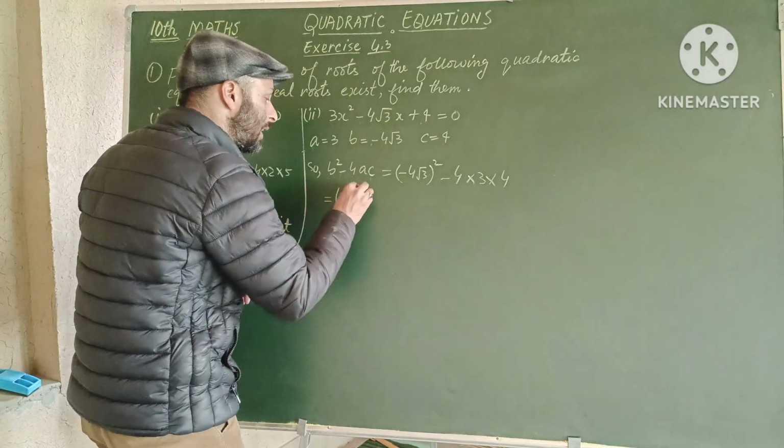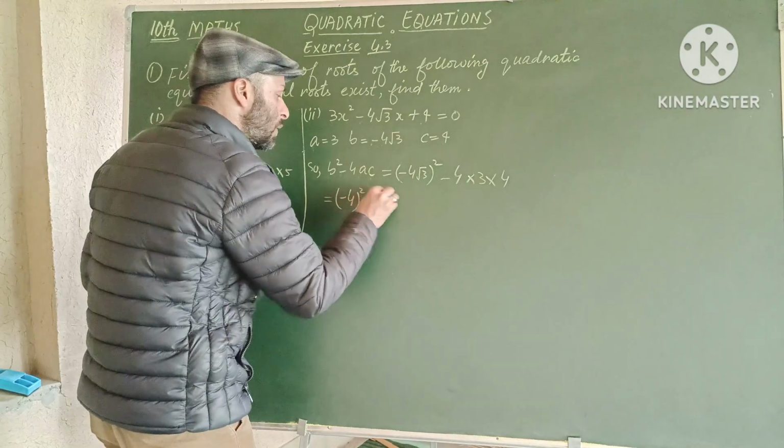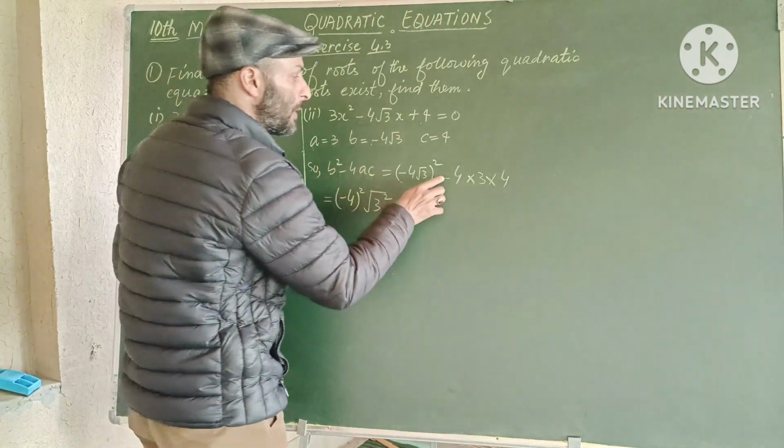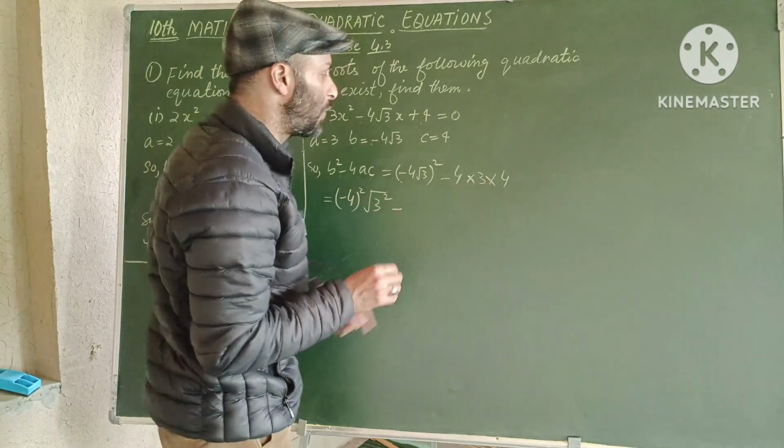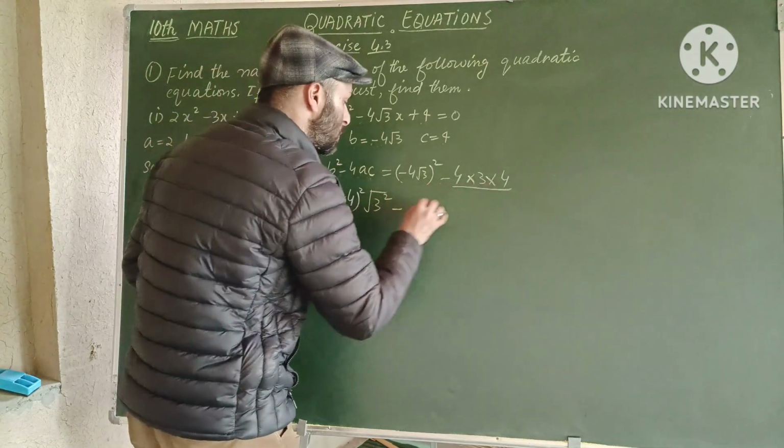Minus 4 square into root 3 square, then minus 4 into 3 is 12, 12 into 4 is 48.